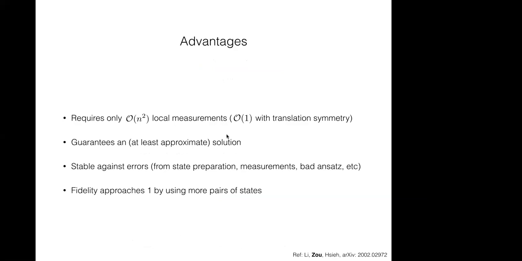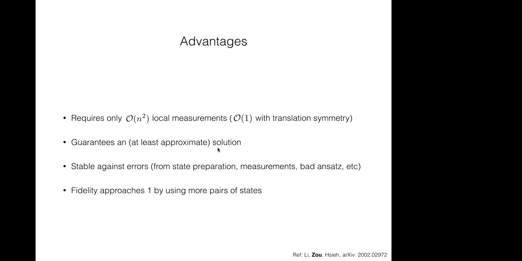Furthermore, you notice in the last step, the problem of solving an equation is converted into a problem of minimizing the eigenvalue of a matrix. Solving an equation is not that good in the sense that if you make some errors in the measurement, maybe the equations just have no solution.